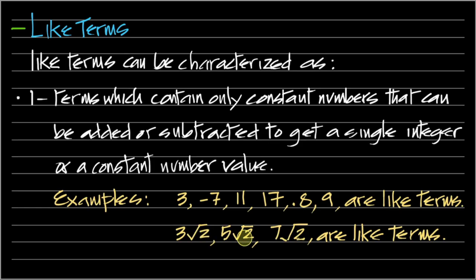The other numbers are rational numbers, and this one is an irrational number, but this irrational number is common in the three terms. So that's why the three terms are like terms. They can be added, they can be subtracted.